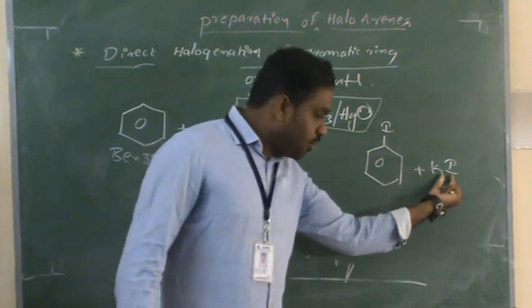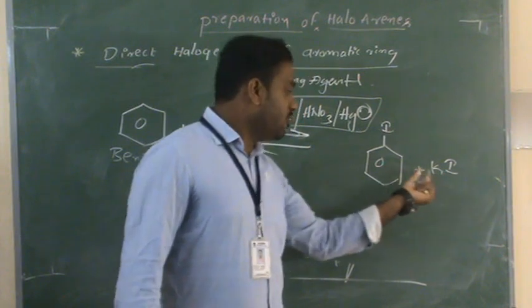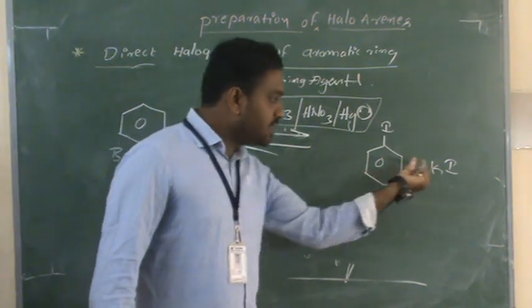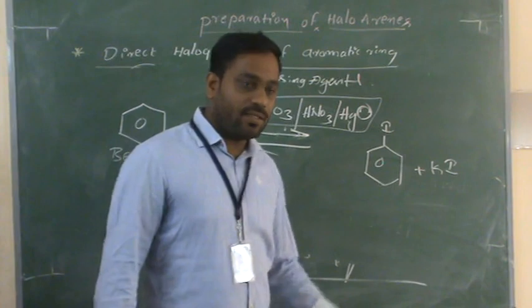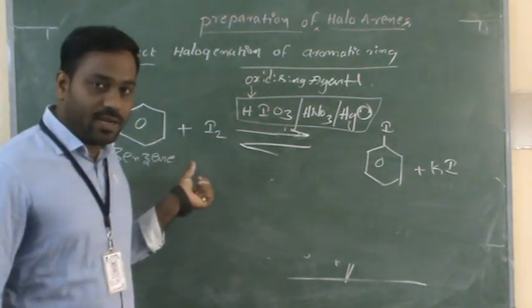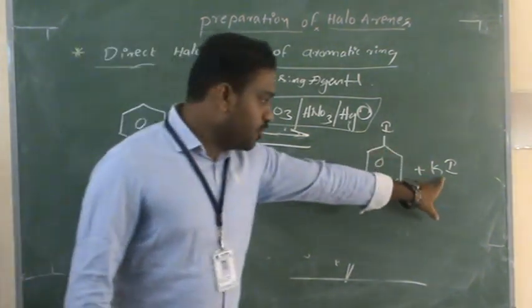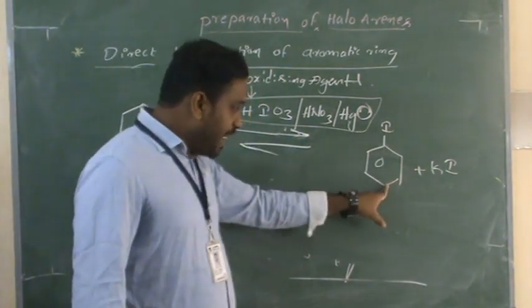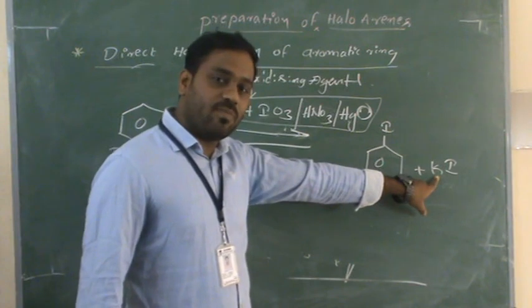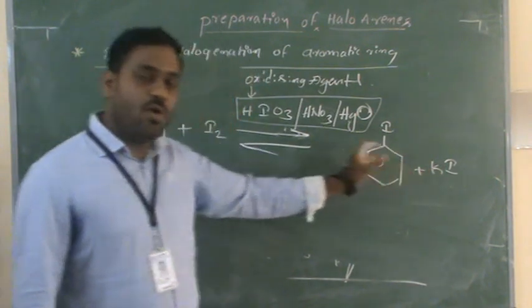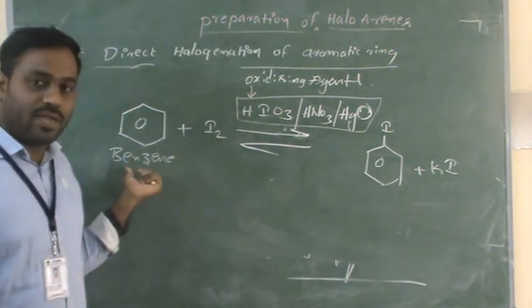If you remove the potassium iodide, there is no chance for iodobenzene to react with potassium iodide, so we can't get any reversible reaction. According to Le Chatelier's principle, if you remove this byproduct, the main product does not react again with the byproduct, potassium iodide.